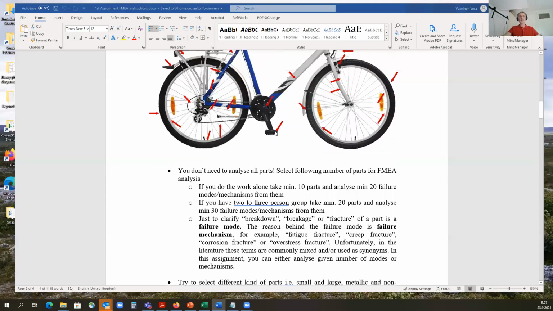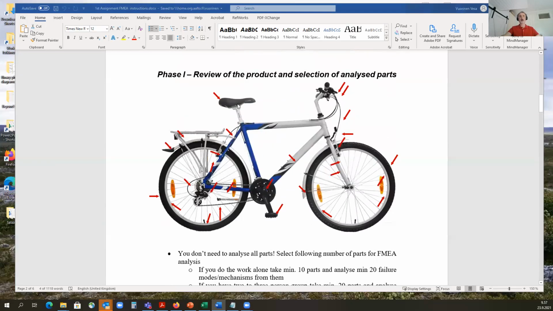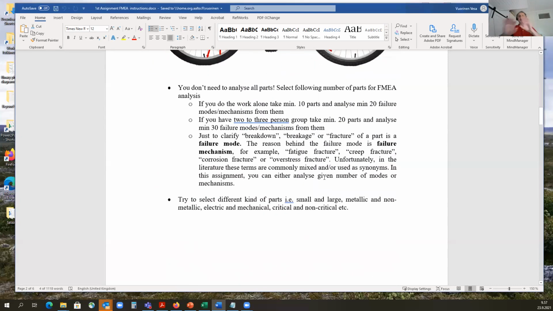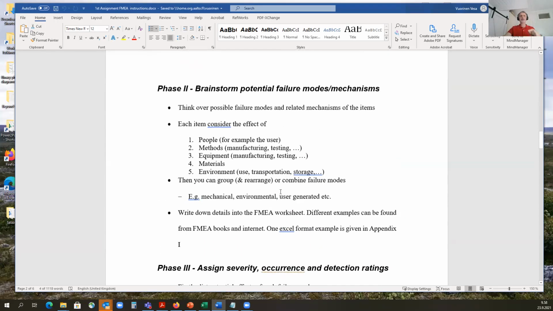So for example, you have your pedals, you have the rims, you have your seat, you have your cat's eye, and so on. So assigning the severity and making the corrective actions is completely different depending on which part you take. So it's easier for you if you have a larger distribution. Then it's more obvious that, okay, let's pick these and work on these and forget these.